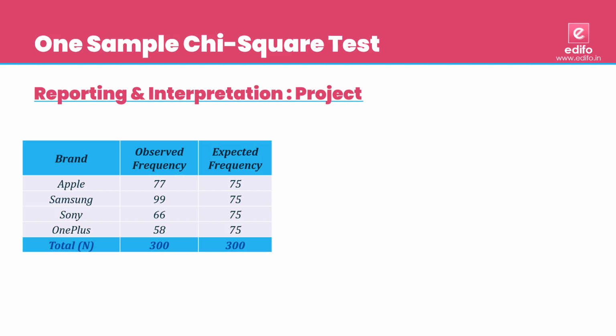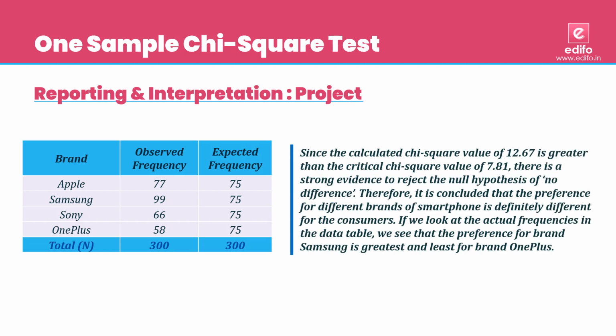Now this is a style of interpretation of our findings. Since the calculated chi-square value of 12.67 is greater than the critical chi-square value of 7.81, there is strong evidence to reject the null hypothesis of no difference. Therefore, it is concluded that the preference for different brands of smartphones is different for the consumers.